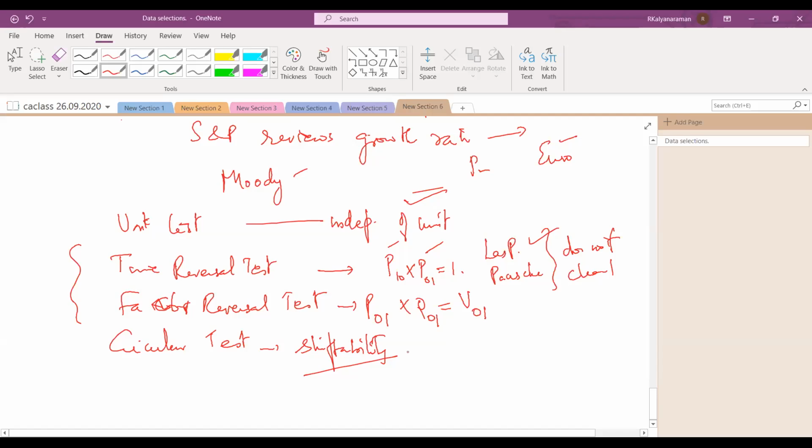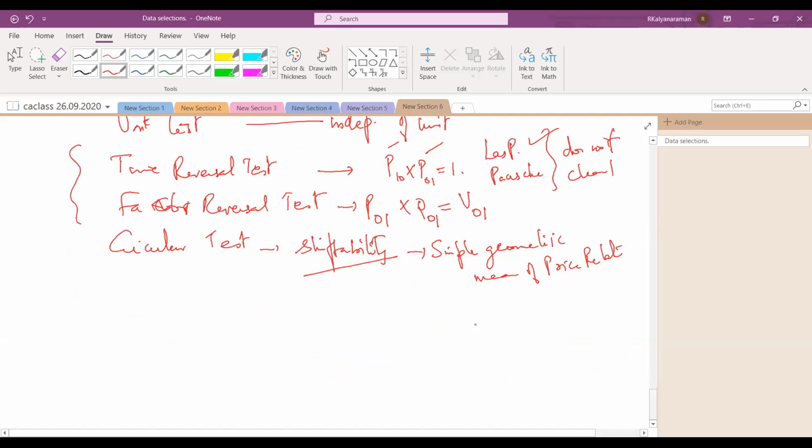The only ones which pass this test are the simple geometric mean of price relatives, and then the weighted aggregative with fixed weights. These two index numbers pass this test.